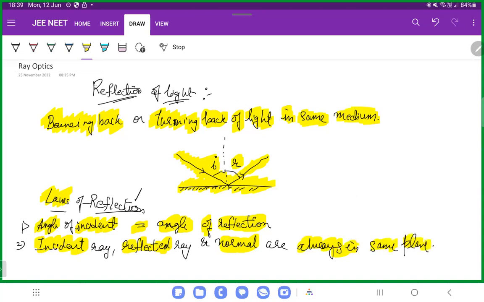This is the incident ray, this is the normal, this is the reflected ray. They all are in the same plane. I'll make a note of it.